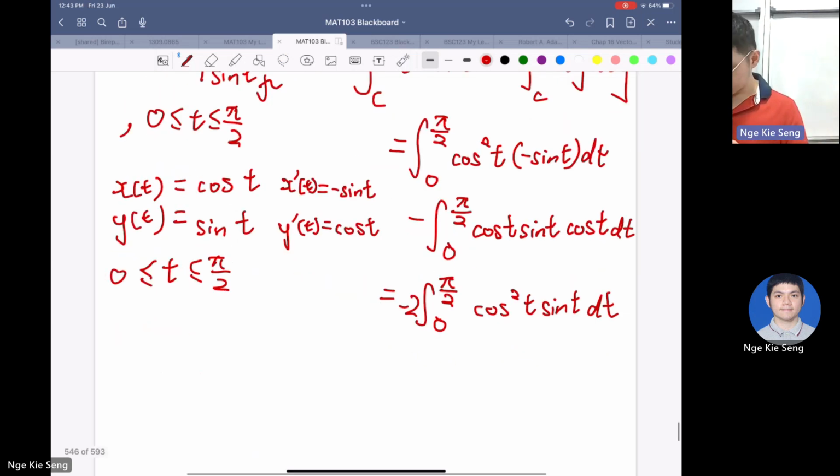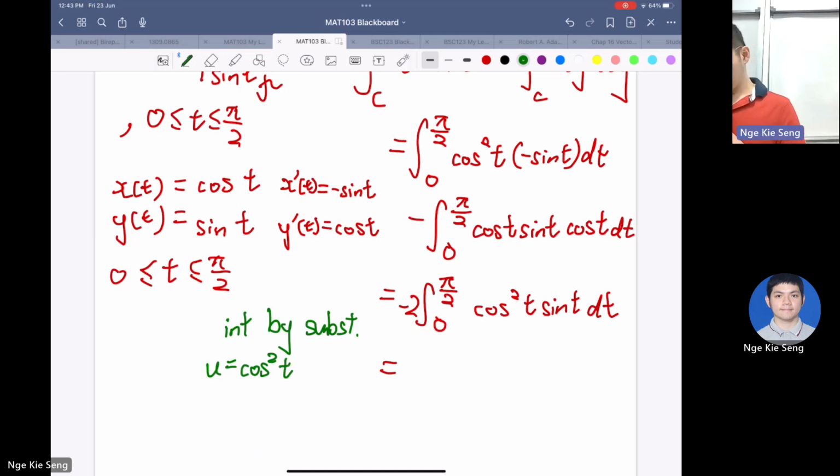So how to do this? I think this is integration by substitution. If I want to do substitution, I get u equals cos² t. Wait, no, my substitution is u equals cos t, and then dv/dt is minus sin t.